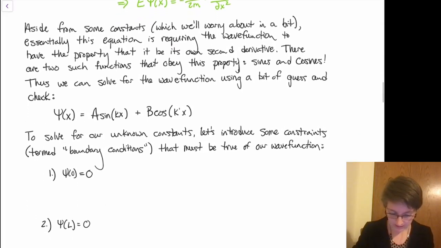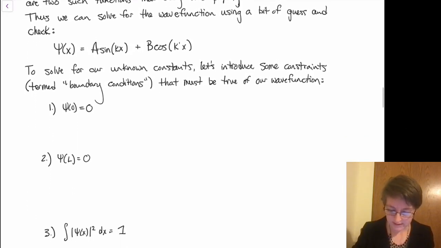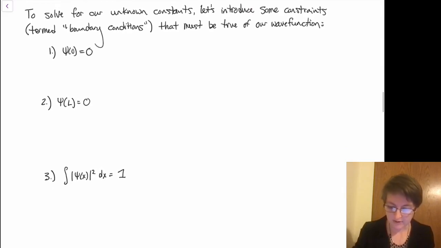So to solve for our unknown constants, we need to start thinking about the constraints, or the boundary conditions, which is the technical mathematical term for it, that have to be true of our wave function. Going back to lecture 2, our wave function has to be continuous.